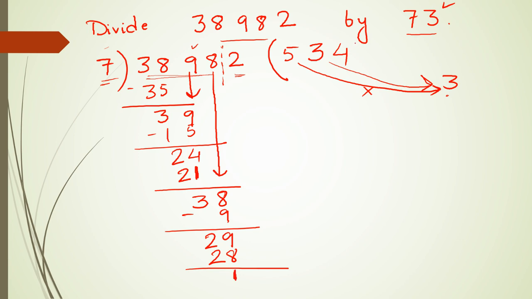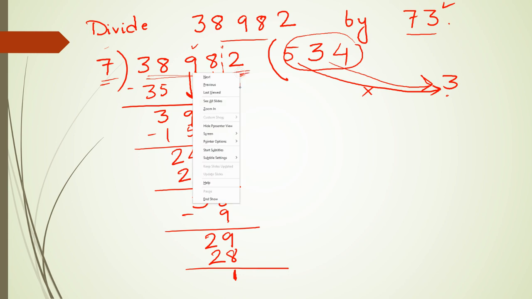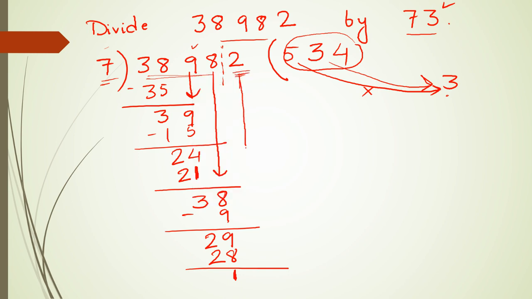So you see this 534 becomes the quotient right now, because whatever comes now is from the remainder portion. This 2 is coming down from the remainder portion. So 534 is the quotient. Now we have to find out what the remainder is. So we get 12.